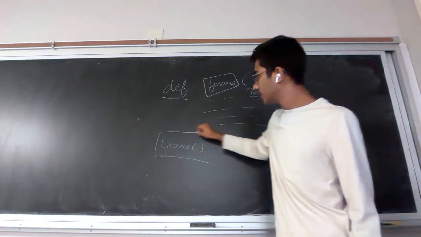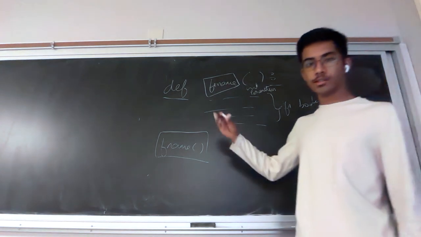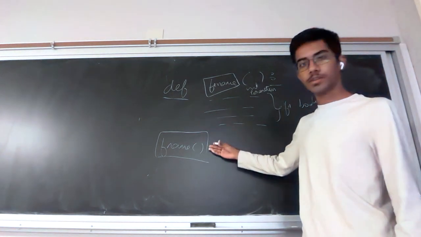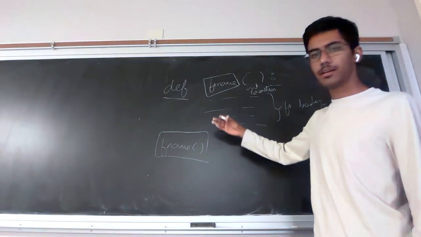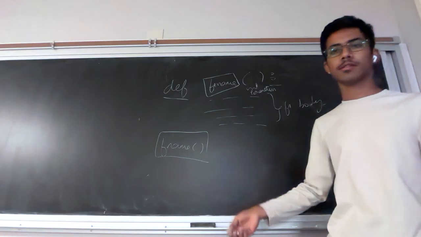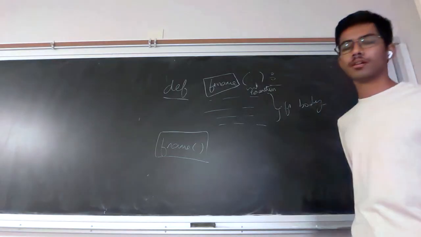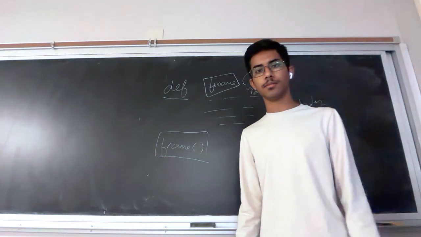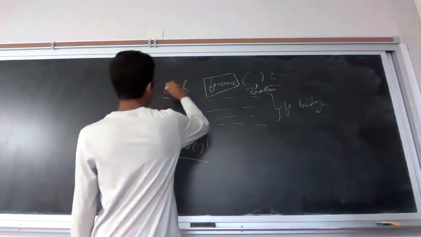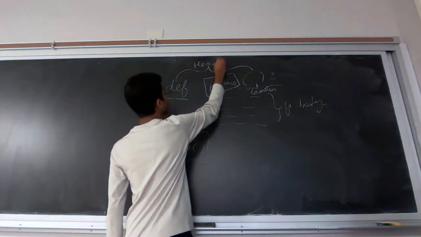This is my function call statement. When I run the program, wherever the compiler or interpreter encounters a function call statement, it goes to this function header and then executes the contents, the function body essentially. So together, this whole thing is called a function header.